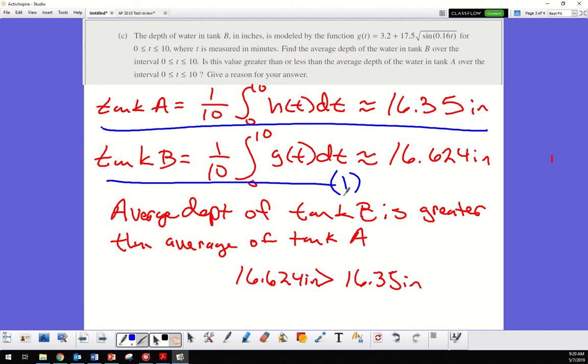Then this right here by itself is 1 point, and my third point is the answer with reason, 1 point.